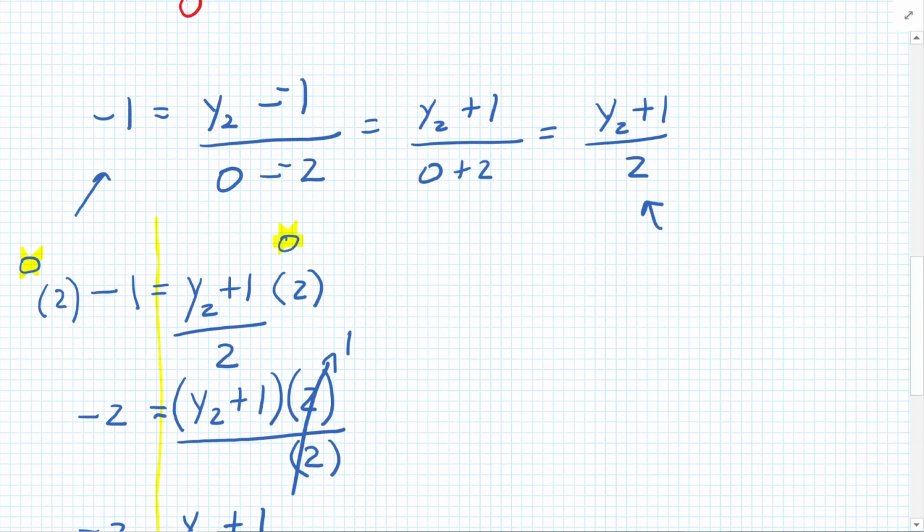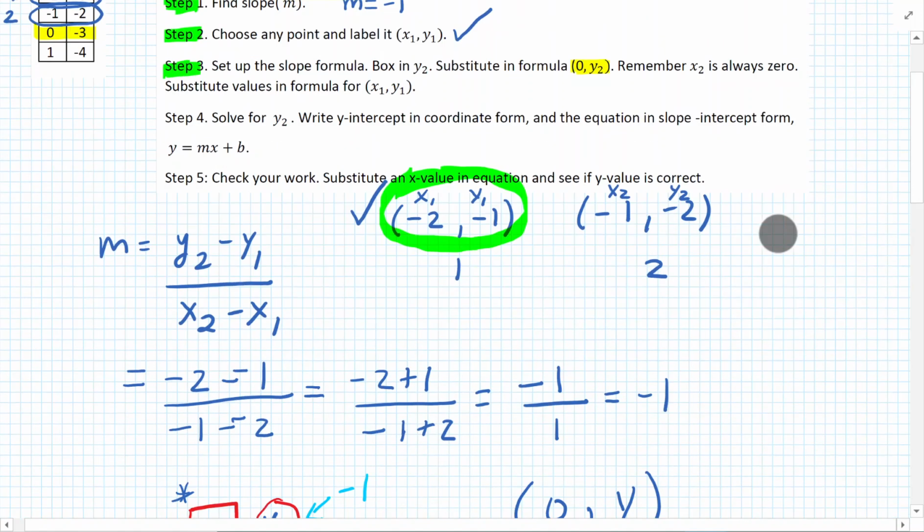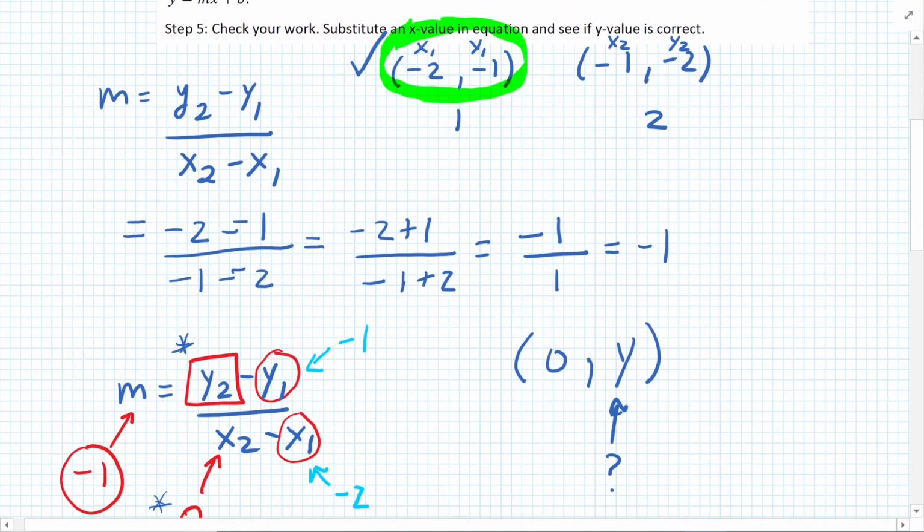What's the next step in our process? We've done step 1. Find the slope, which was -1. We chose a point and labeled it x1, y1. We've circled that in green here. We've set up the slope formula. We boxed in the y2. That's right there boxed.